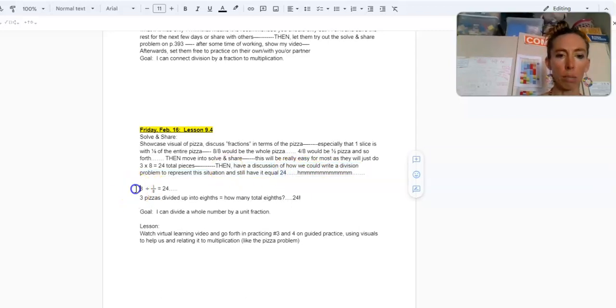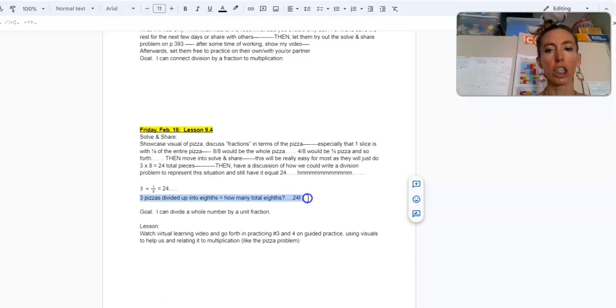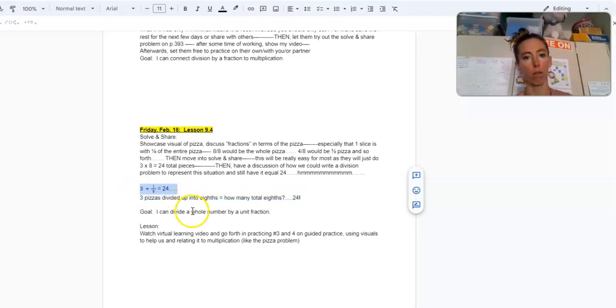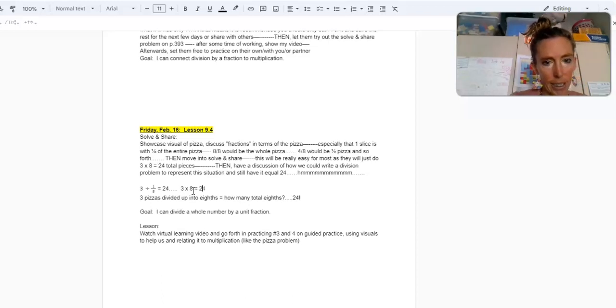So the idea would be you're taking 3 pizzas and they were divided up into eighths. So how many total eighths are there? 24. So that's 3 divided by an eighth is 24. And you guys knew the answer just by doing 3 times 8 is 24, right?